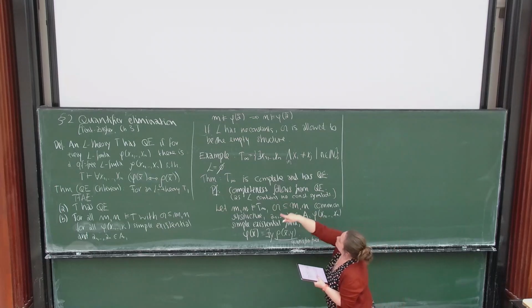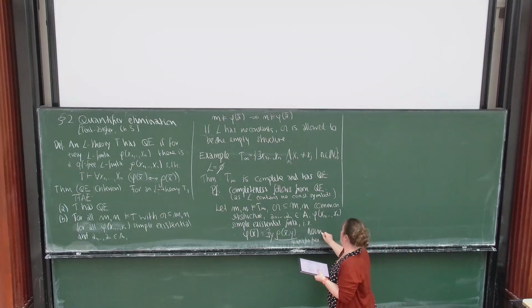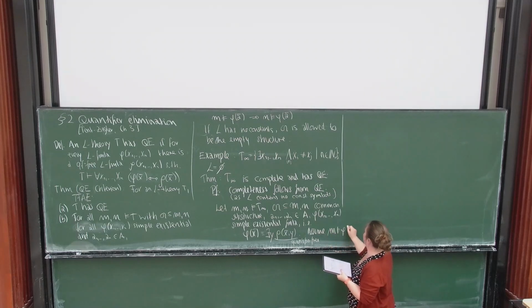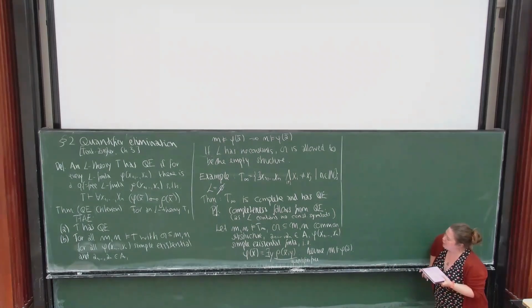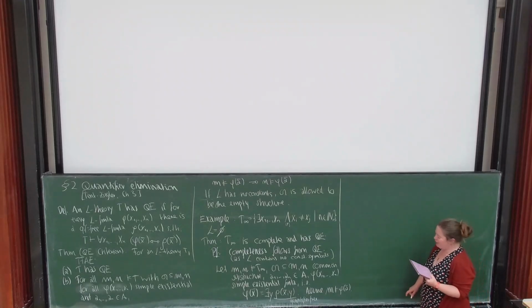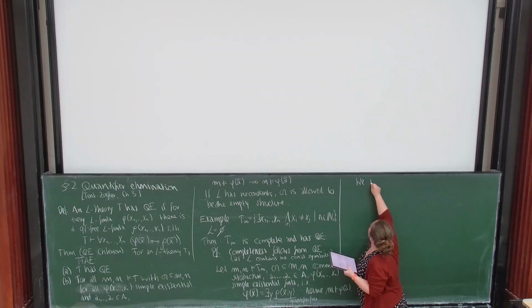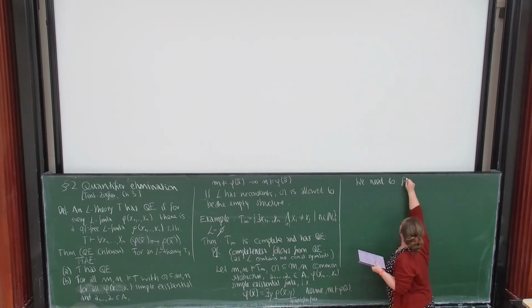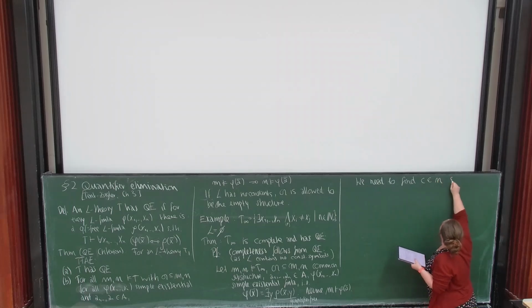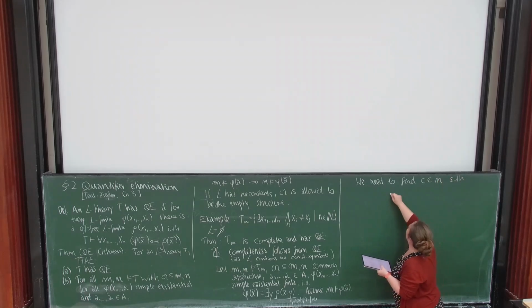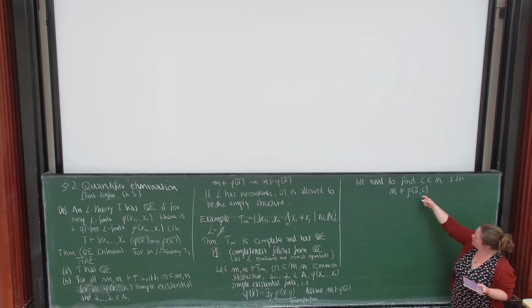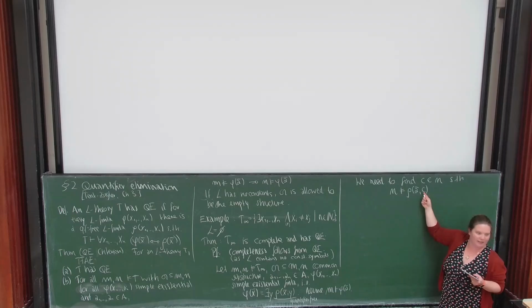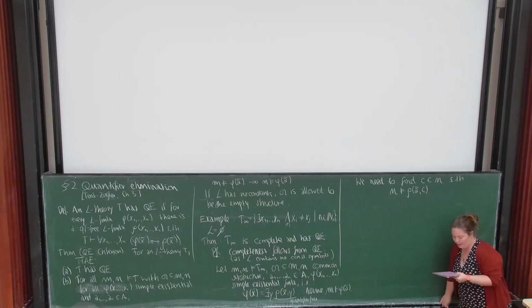And now, what am I given? I need to assume phi holds on my tuple a bar in M. And now I want to show that phi also holds on my tuple a bar in N. So in order to do this, we need to find c in N such that N says rho of a bar, comma c holds. Because that exactly means N models there is a y such that rho of a bar y holds.